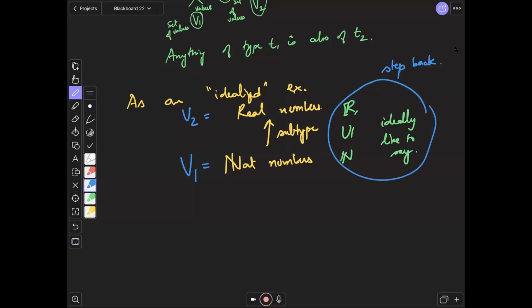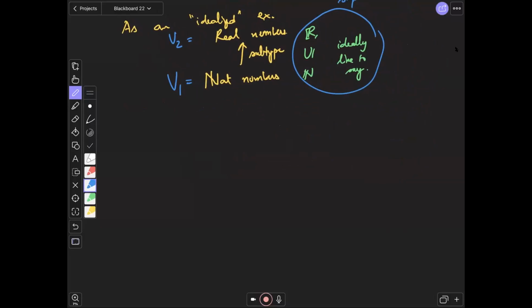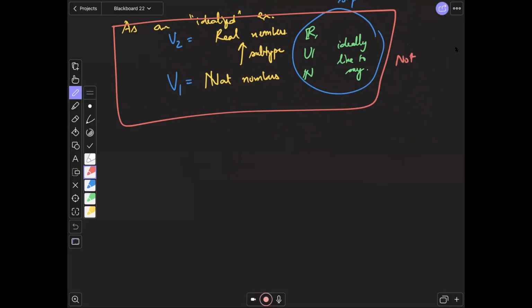Now this is actually not quite accurate. I don't want to spend half the lecture creating a picture and then spend the second half destroying it, but you will see today why it's not quite accurate.